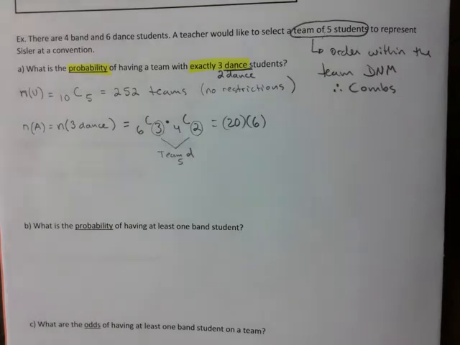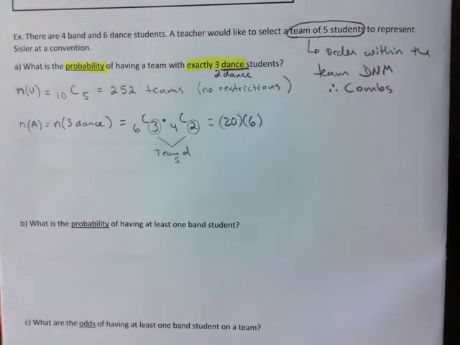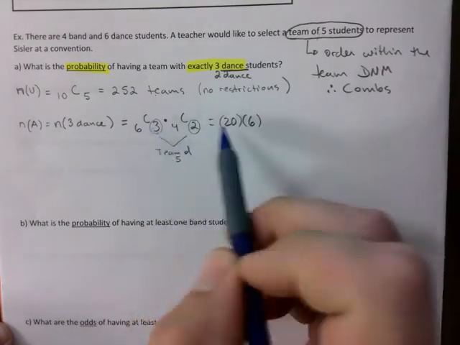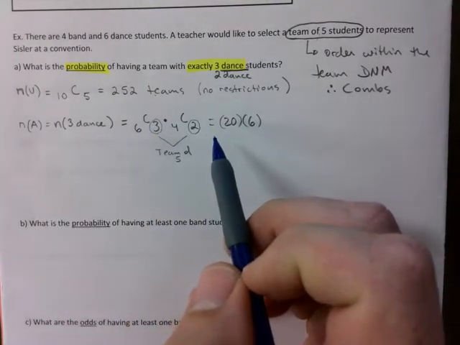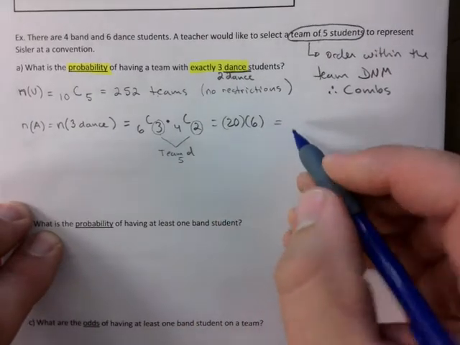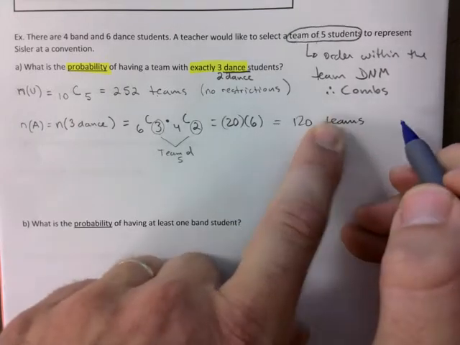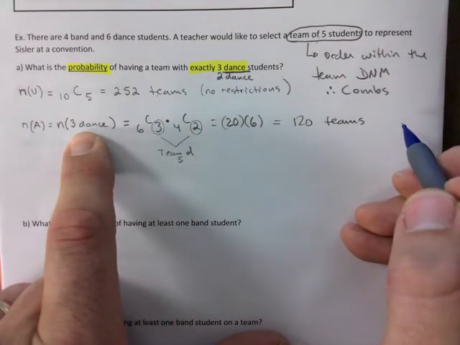Should this number be greater or smaller than my N of U? It should always be smaller. Sometimes I see students just multiply, add, and they get something bigger than your universal. You can't have that. This is like the box around my sets. So this has to be smaller, or else there's something wrong. So this is 120 teams where it meets that restriction of having exactly 3 dance students.